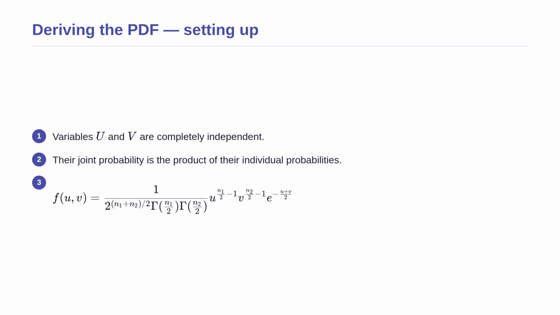Because of this independence, the combined probability of both happening at the same time is simply the product of their individual probabilities. When we multiply the chi-square formula for u and the chi-square formula for v, we get this intimidating but essential joint probability density function. The gamma symbols represent continuous factorials, ensuring the total probability area equals exactly 1.